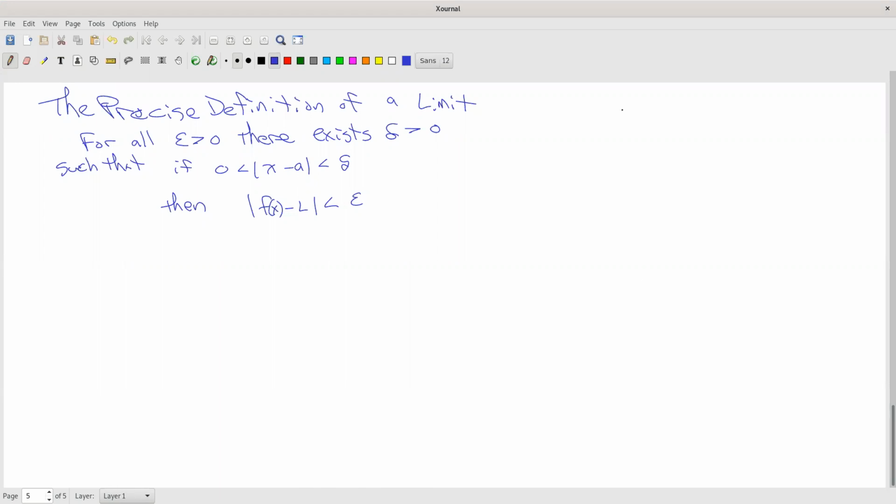Intuitively, it's a dare, right? Somebody says, get within epsilon, that small number, of the limit L. And then what we do is we find a range of X values to get there.